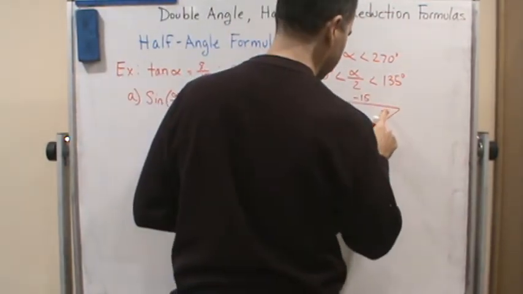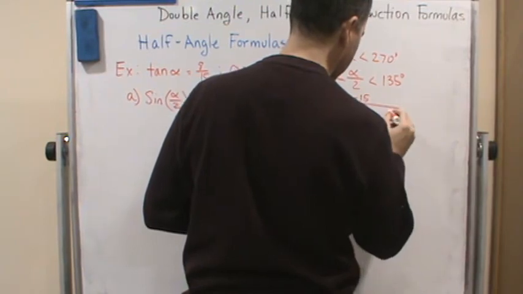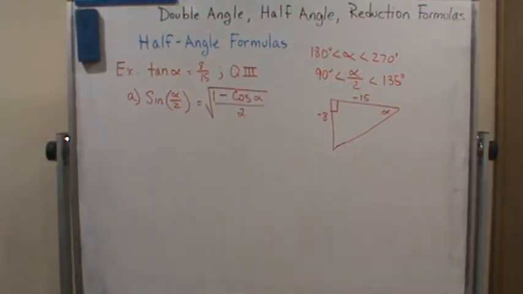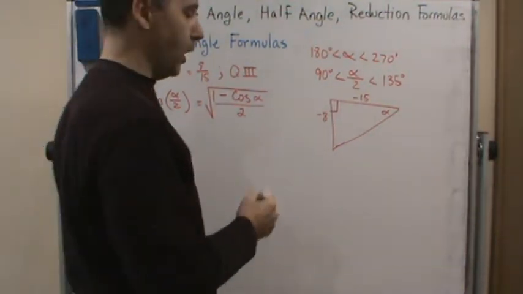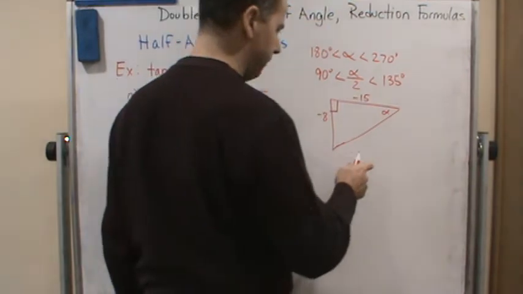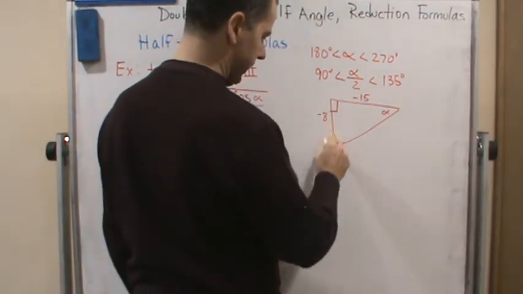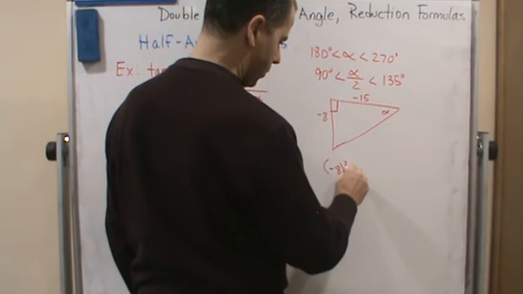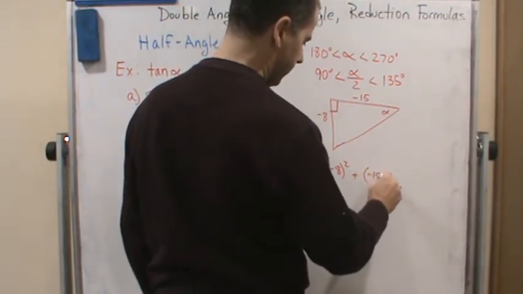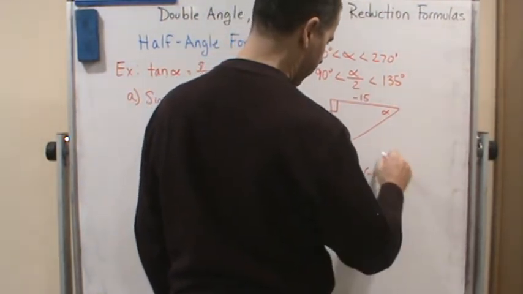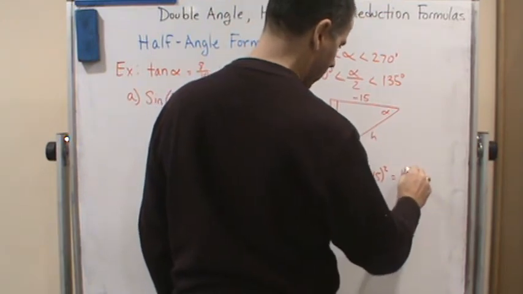Now we're going to need the hypotenuse, so we have to use the Pythagorean theorem. I don't know the special triangle off the top of my head, so let's use it. Negative 8 squared plus negative 15 squared equals h squared.